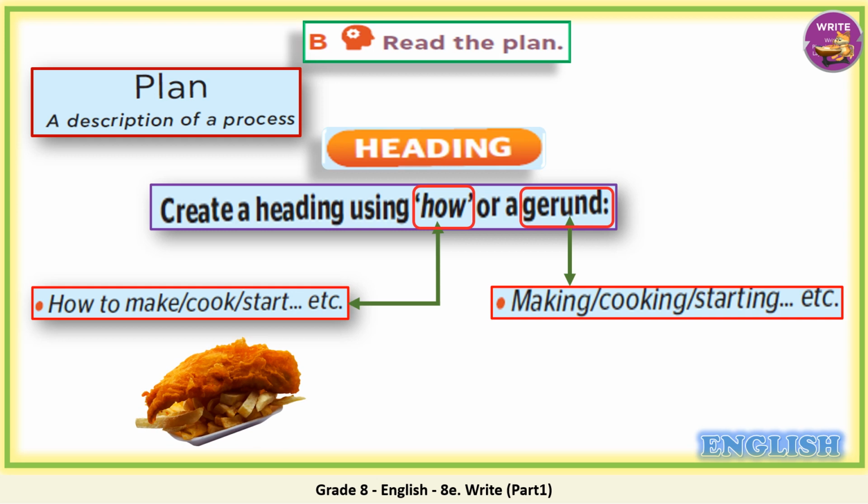So, we can say how to cook fish and chips, or we can say cooking fish and chips. Again, we can say how to repair a scratched CD or repairing a scratched CD.